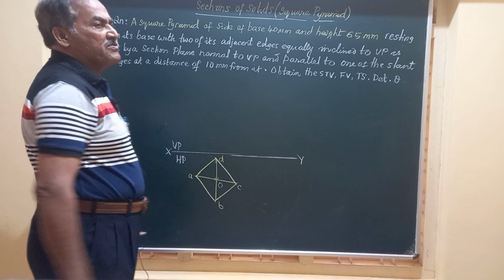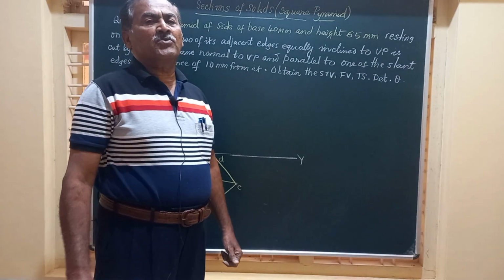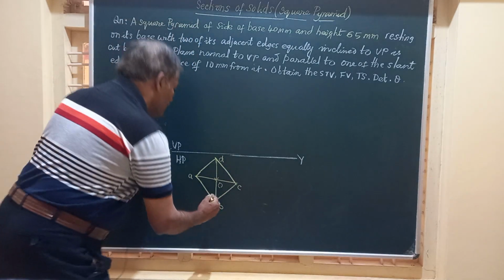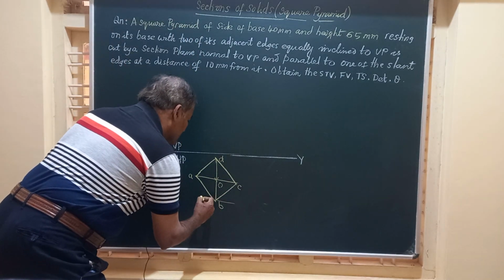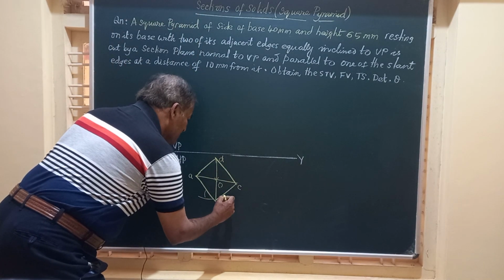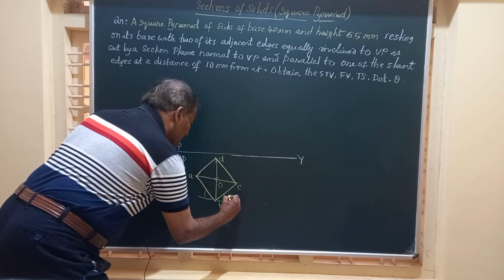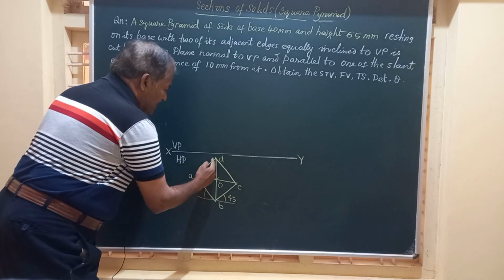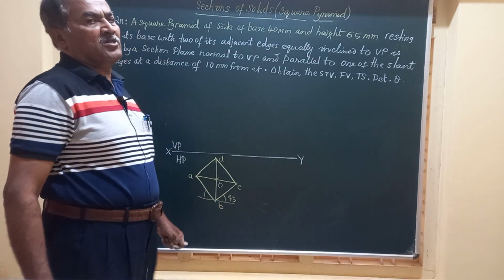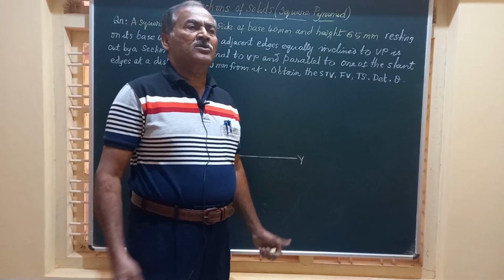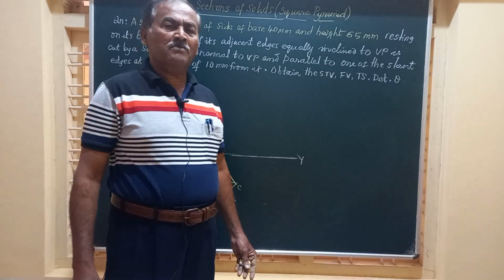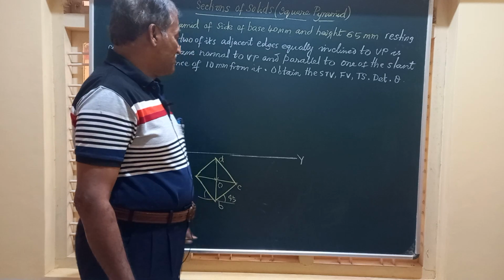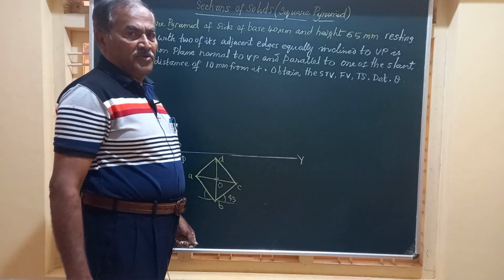So this complete figure will give you the top view of the square pyramid resting with two of the base edges, say AB and BC, equally inclined, means 45 degrees. And even AD and BC are also equally inclined to VP. So in this particular problem, all the four base edges of the solid are equally inclined to VP.